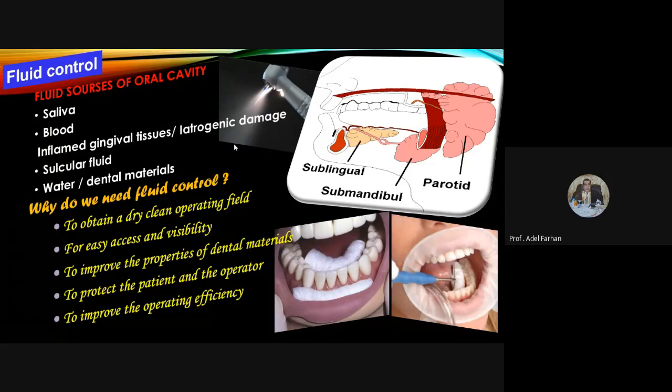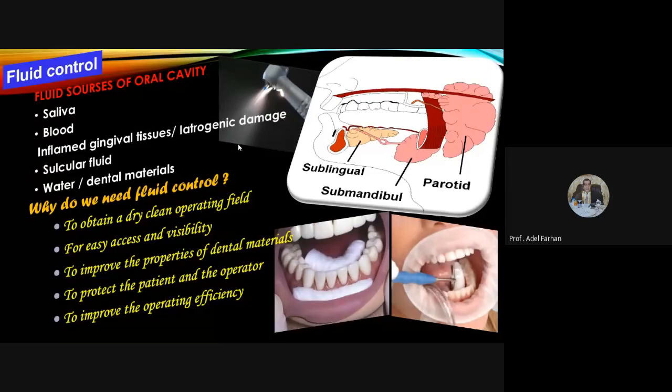Another source, we have the crevicular fluid, and we have the water that comes from the rotary instrument, the triple syringe, and dental materials such as etching and irrigant solution.